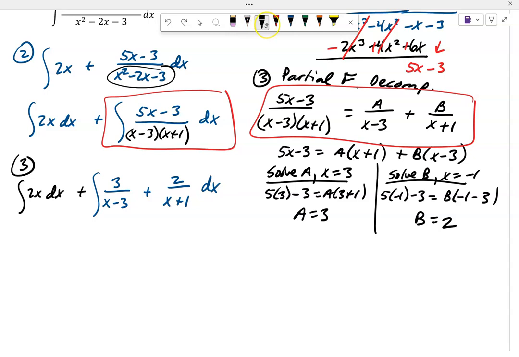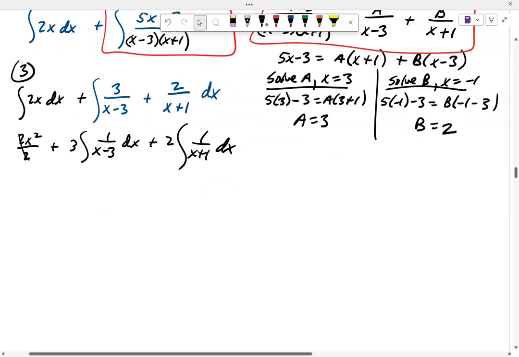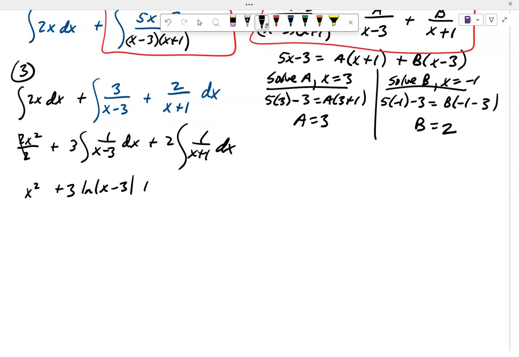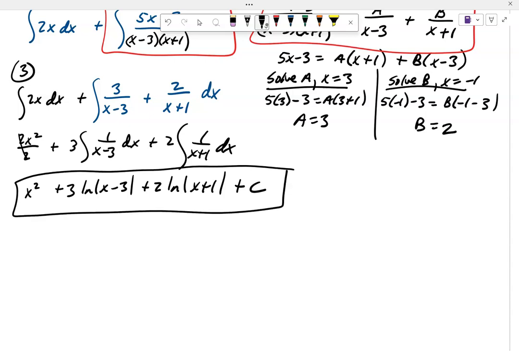So we got 2x squared over 2 plus there we are.